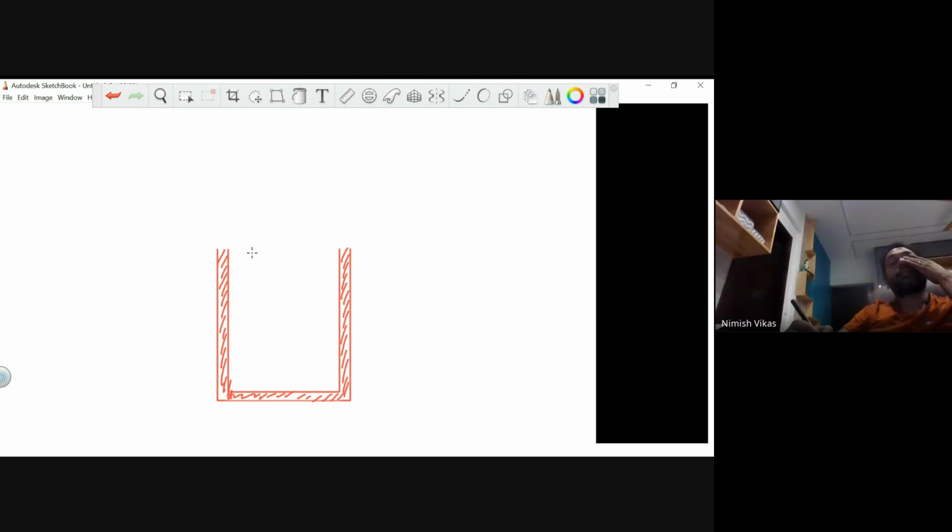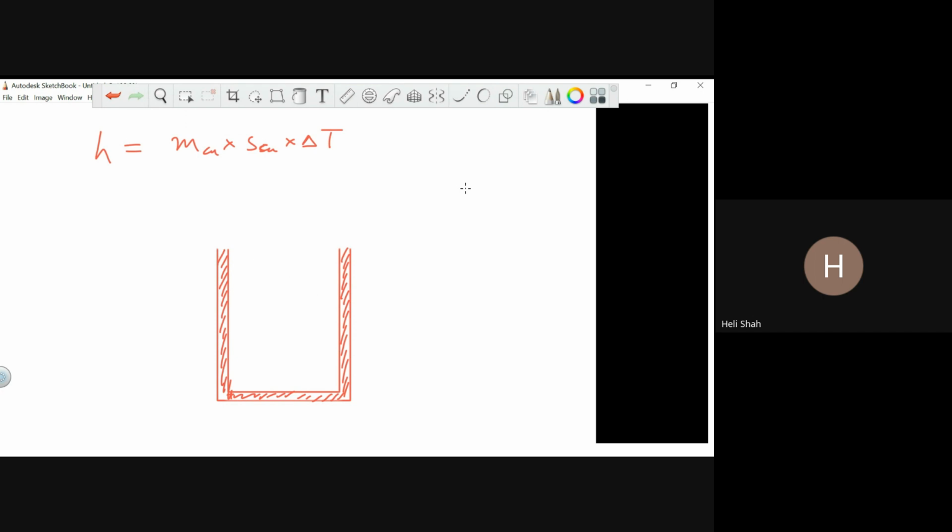It changes its temperature according to heat equals mass of the copper vessel into S of the copper vessel into delta T, right? Yes, sir.